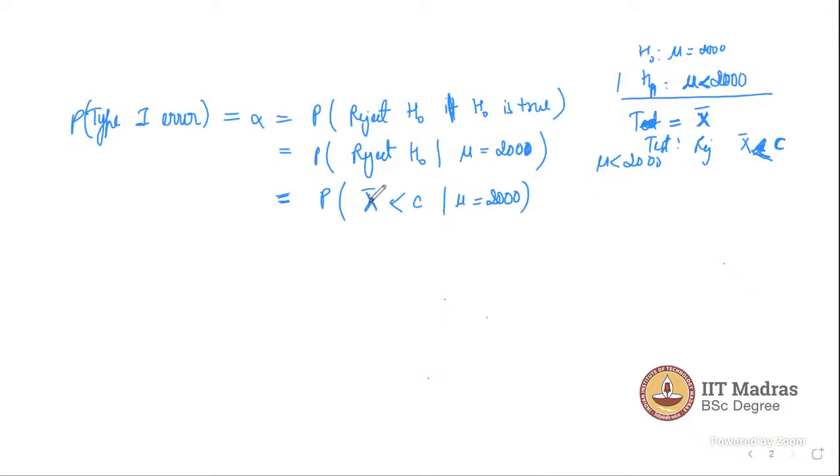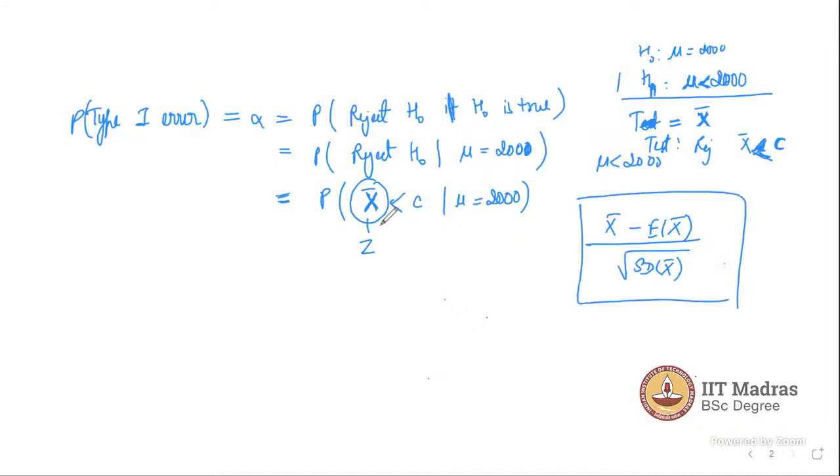Now I have to convert this X bar to Z. To do this, I subtract X bar's expectation and divide by its standard deviation. This is what we do to convert X bar to the normal 0,1. So what is the expected value of X bar? Let's say I have x1 up to xn, which are IID, with some mean mu and variance sigma square.